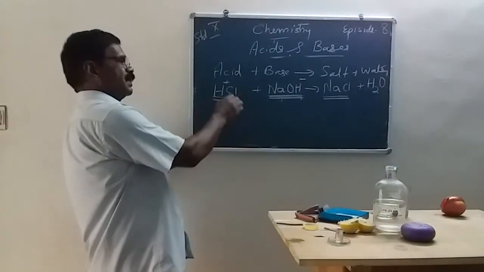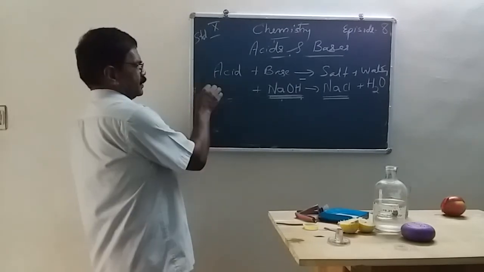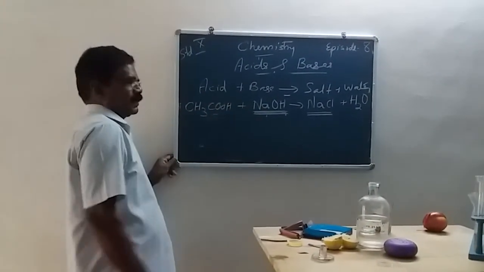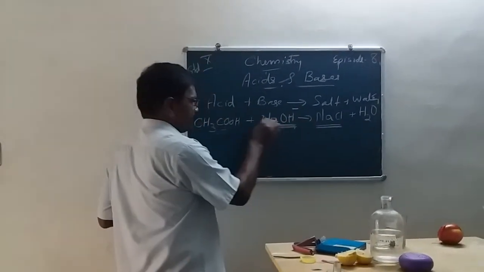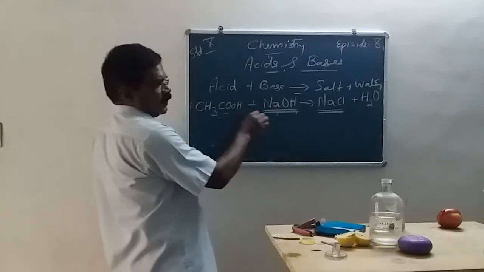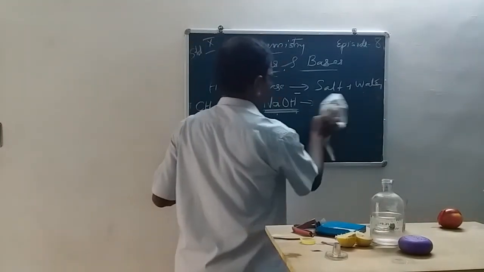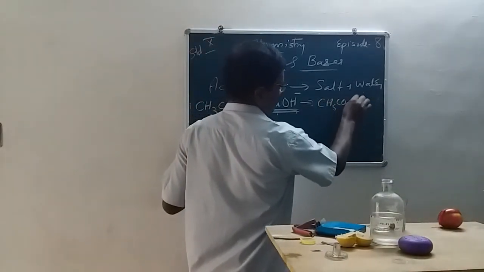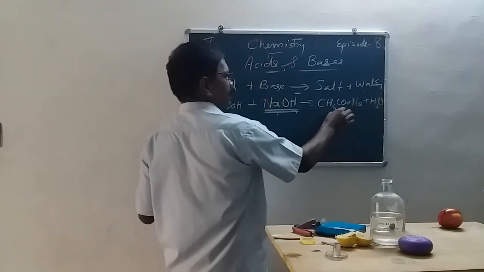In the case of acetic acid, CH3COOH, what happens? Sodium hydroxide is a strong base and acetic acid is a weak acid, so the product formed is sodium acetate and water. This is slightly basic.